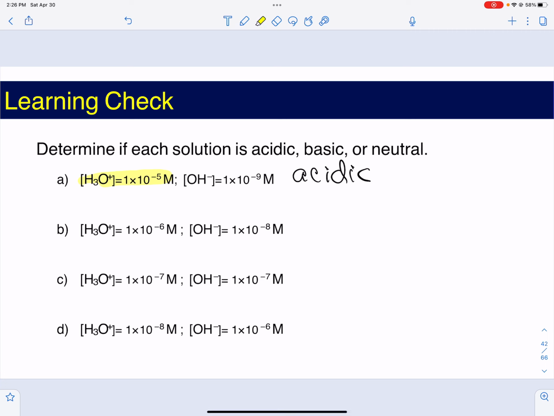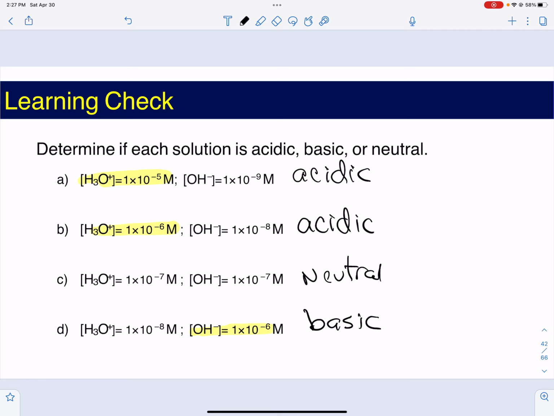On the second one, the bigger value is hydronium again, so that's acidic. I believe I said hydroxide on the first one, sorry for that. The next one, they're the same, so this would be neutral. And the last one, the bigger value is hydroxide, so this one will be basic.